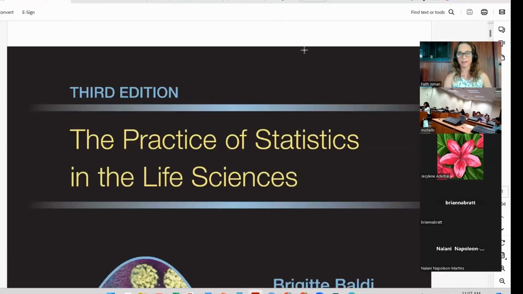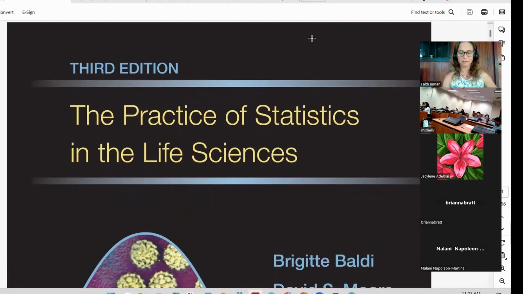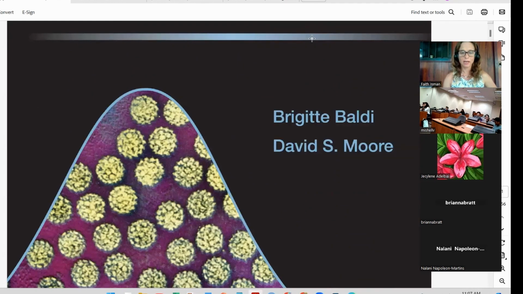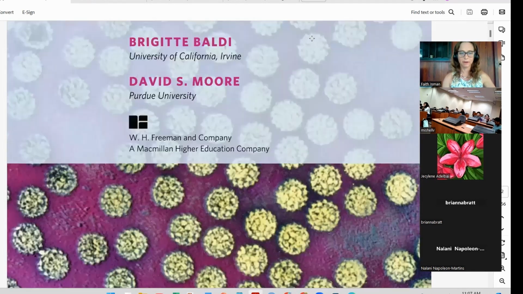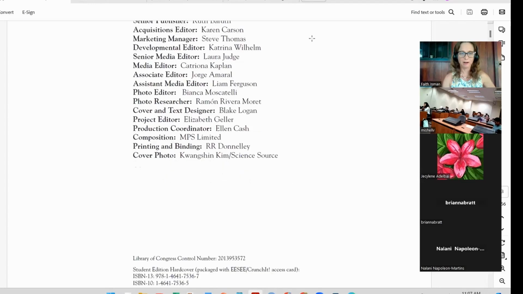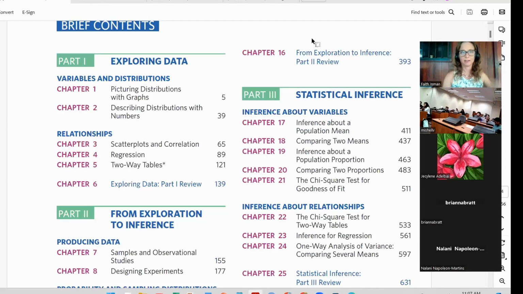Here's the textbook. You all have this. And if you go down to the very first section, we have the table of contents, which helps a lot, right? Here's chapter 1, picturing distributions with graphs.